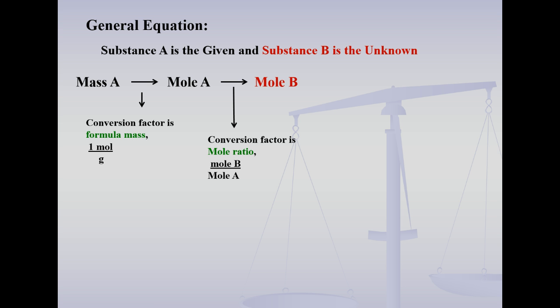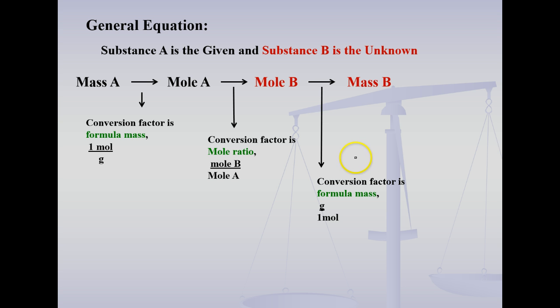Now we can take moles of B and convert that to the mass of B. The conversion factor is the formula mass of substance B, set up as grams over 1 mole. Since you're going to the mass, you want grams on top and moles on the bottom.